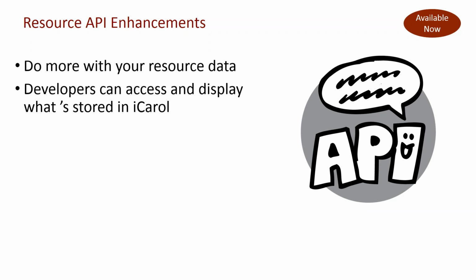And a lot of times that results in new revenue streams for their organization, to say, hey, we've done all this work. Here's all the resources that we have. How do you guys want to use them? How can we partner together to share them with you for revenue? So the Resource API is just one way to make sure that your resource data that you work so hard on can be harnessed and used in these new ways.